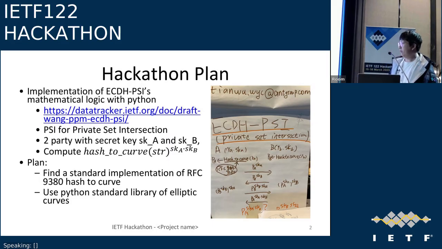So our plan is, first, to find a standard implementation of the RFC document of hash to curve, which is proposed by the CFRG, and then use the standard Python library of elliptic curves for multiplication.